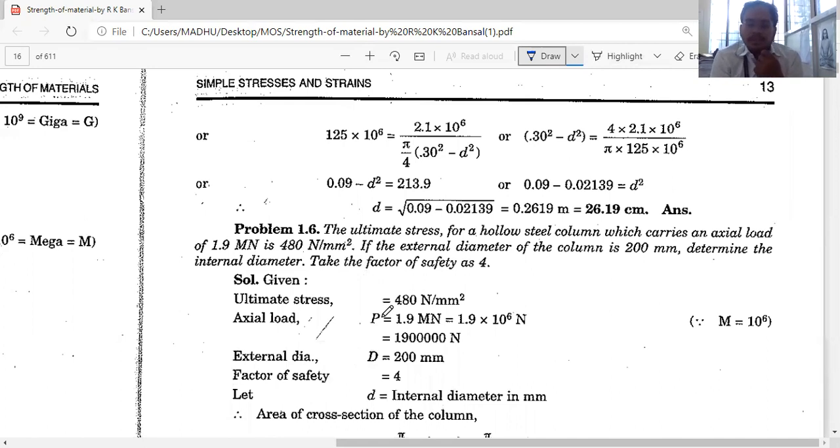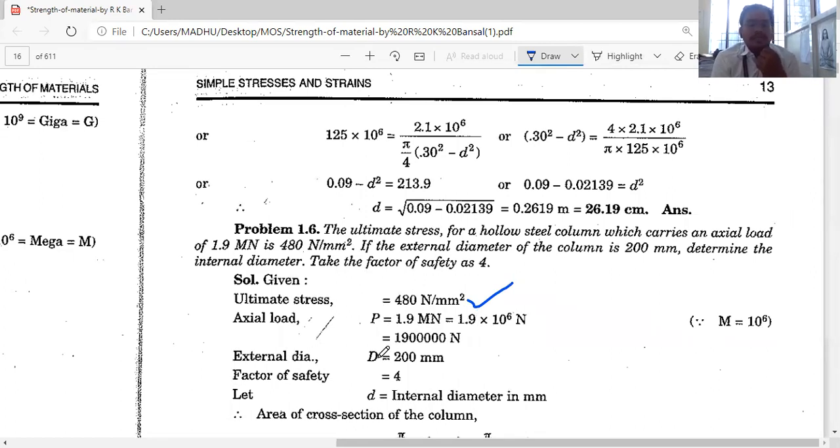So what is the given data here? Ultimate stress is 480 newton per mm square, axial load 1.9 into 10 power 6 newton, because it is meganewton, you convert into newton. This is the axial load.